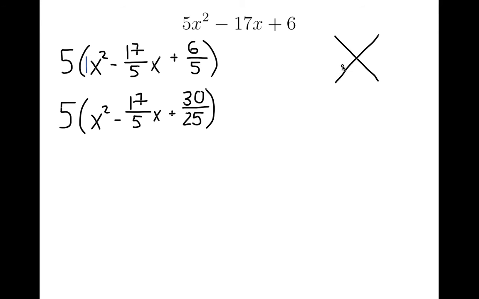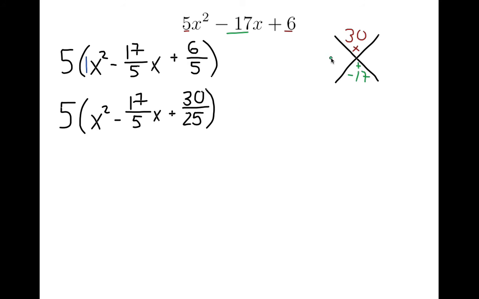And look, before I had this 5 and 6 were giving me the 30, and this negative 17 right here showed its head again. So I asked what two numbers are going to multiply and give me 30 and add and give me negative 17. And the only difference is now that we're thinking of them in terms of fifths.